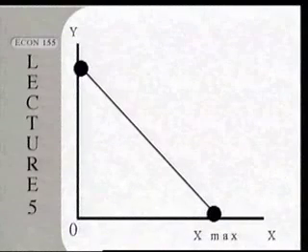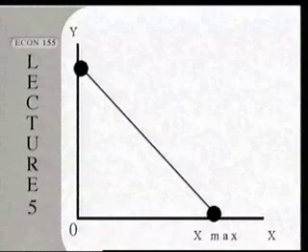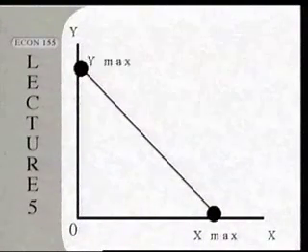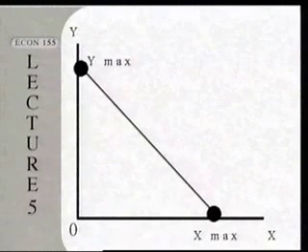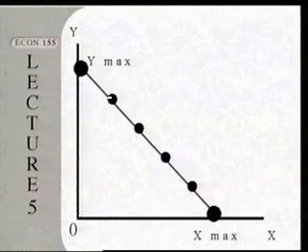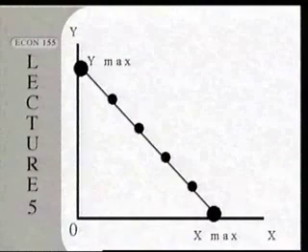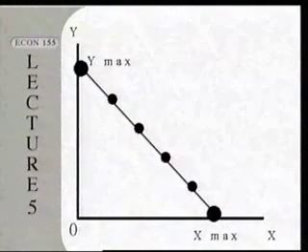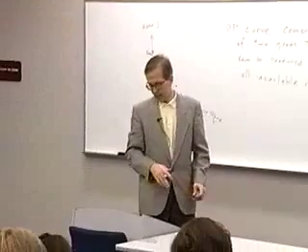X max units of good X. If we instead took all of our resources and put them only into producing good Y, we could get Y max units of good Y. And then we can vary the resources, half and half, 2/3 and 1/3, between these two goods and produce various combinations of the goods. Okay, so anyway, there's our production possibilities frontier.